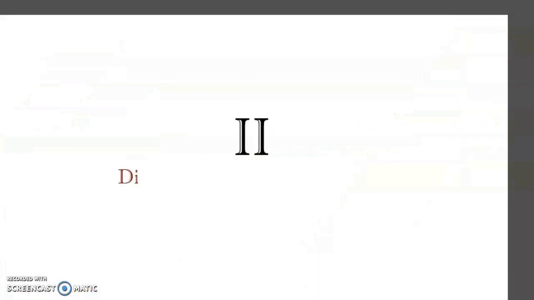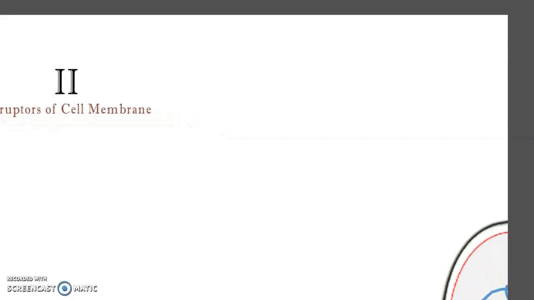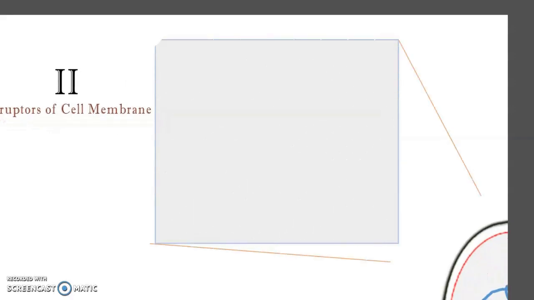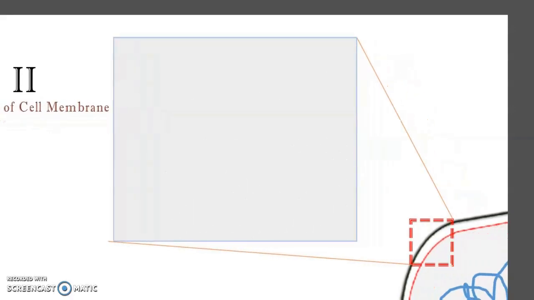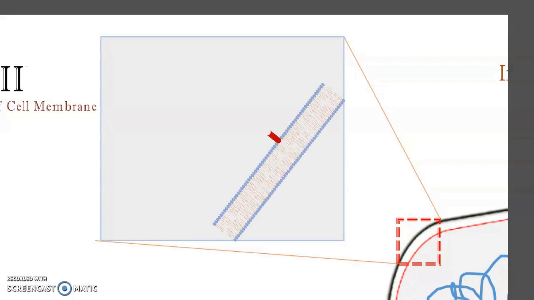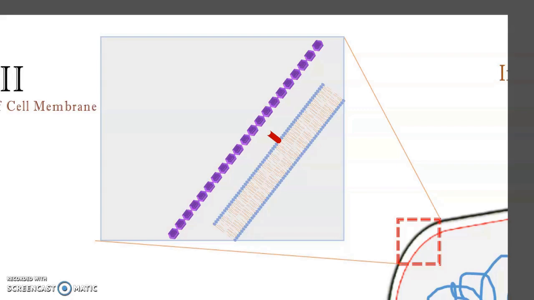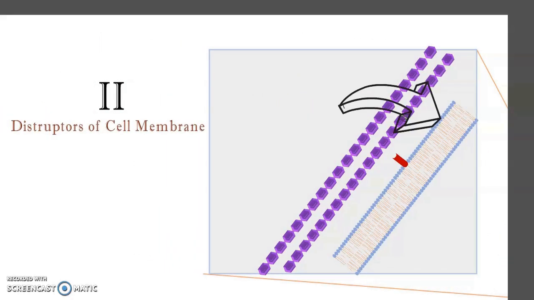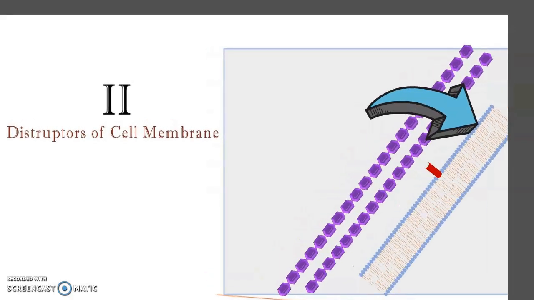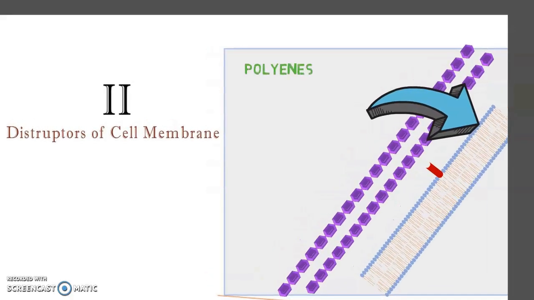Moving on to the second type of drugs, which will disrupt the cell membrane. Once again, we'll magnify the cell membrane, the outer layer of the cell. These drugs attack the cell membrane instead of the cell wall, and cause pores and gaps in the cell membrane, which leads to cellular leakage.